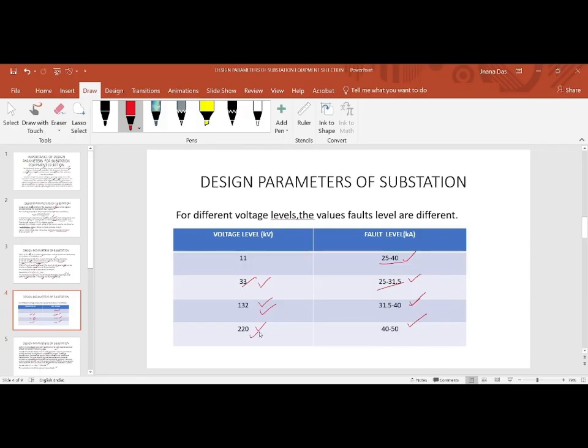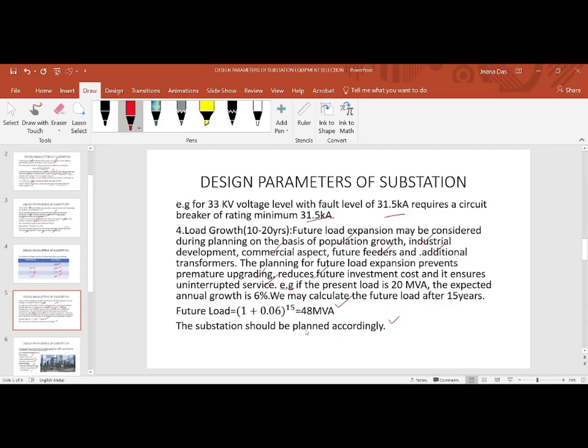For 220 kV, the fault level will be 40 to 50 kiloampere. For a 33 kV voltage level with a fault level of 31.5 kiloampere, it needs a circuit breaker rated for a minimum of 31.5 kiloampere.